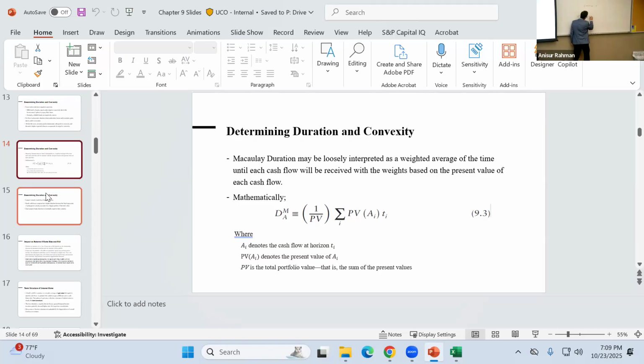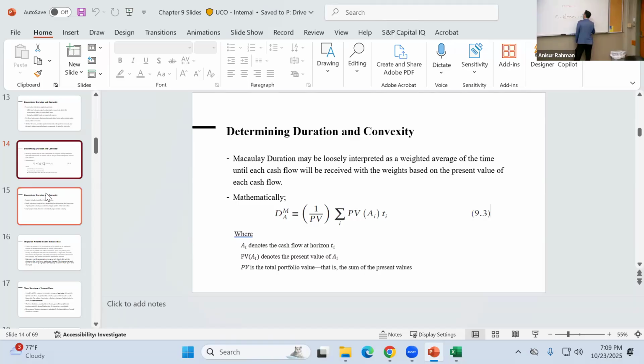So present value of A1. And what are the Ai? Denotes the cash flow at horizon, right? And then multiply by T1, plus present value of A2 multiply by T2.